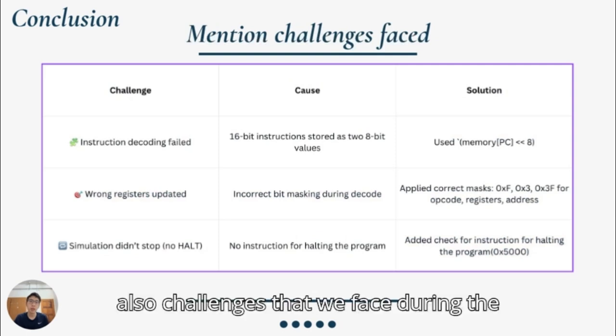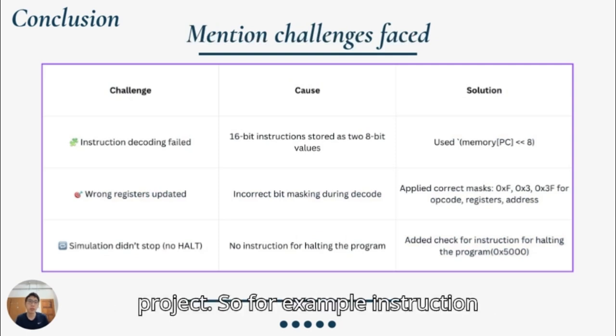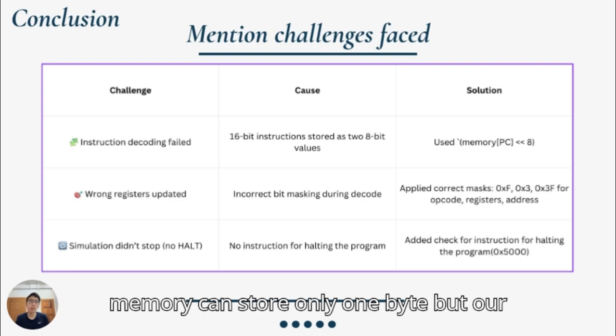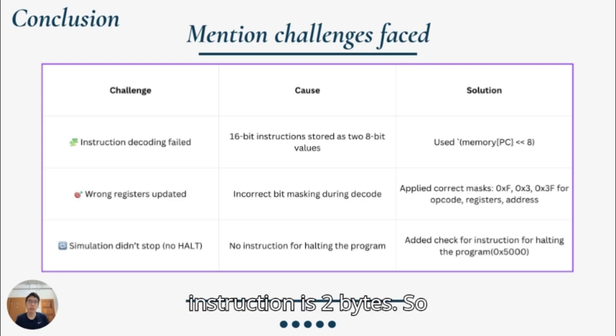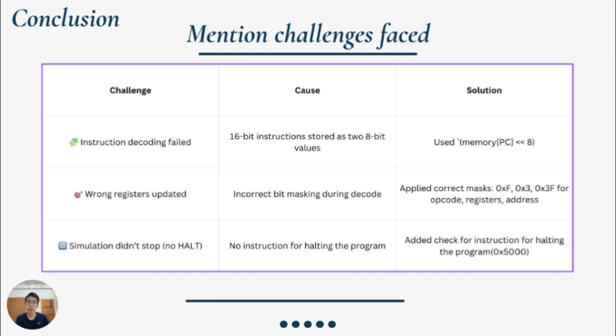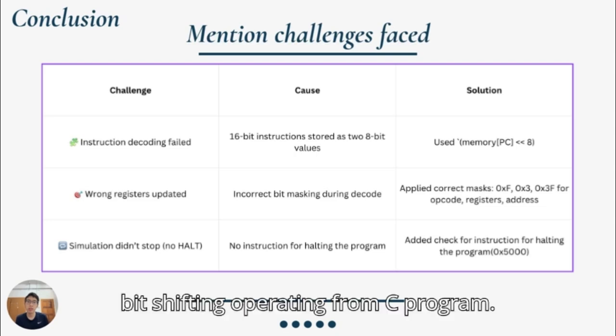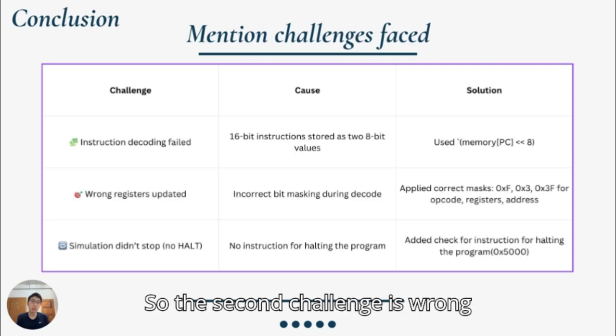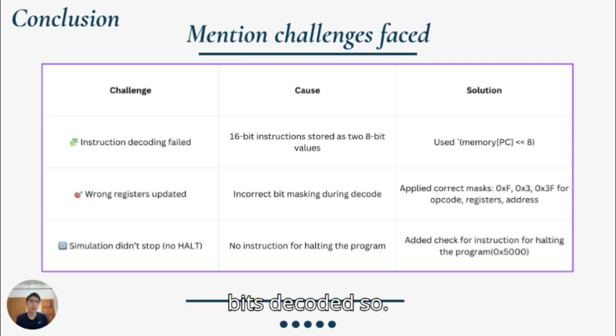There are also challenges that we faced during the project. For example, instruction decoding, because our memory can store only 1 byte, but our instruction is 2 bytes. We came up with a solution which uses the bit shifting operator from C. The second challenge is wrong bits decoded.